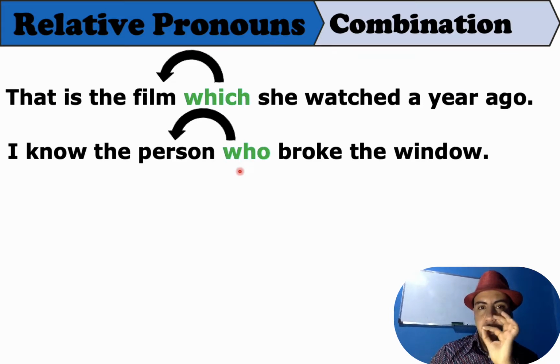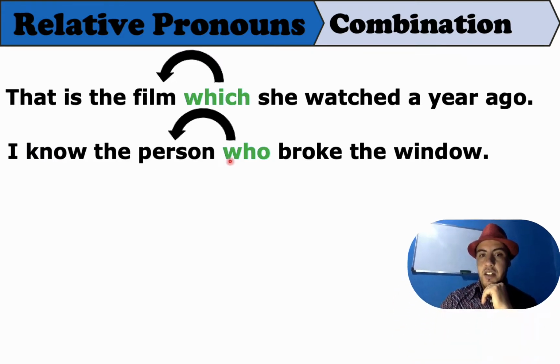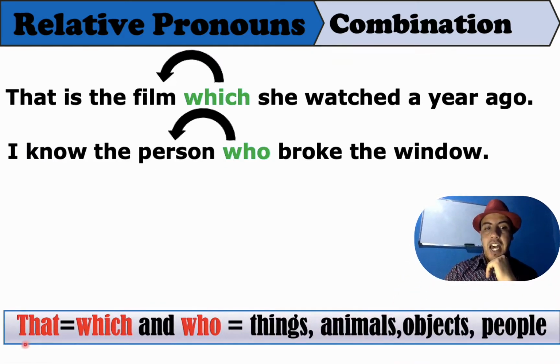Now what I wanted to know is, is there a relative pronoun that I can use with the first sentence, that is the film, or with the second sentence, I know the person, and it is correct? Yeah, it is that. Very good. Remember that, please.